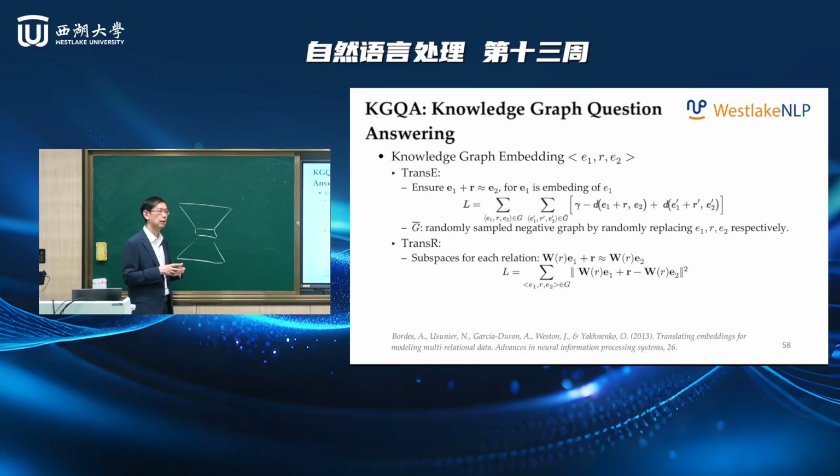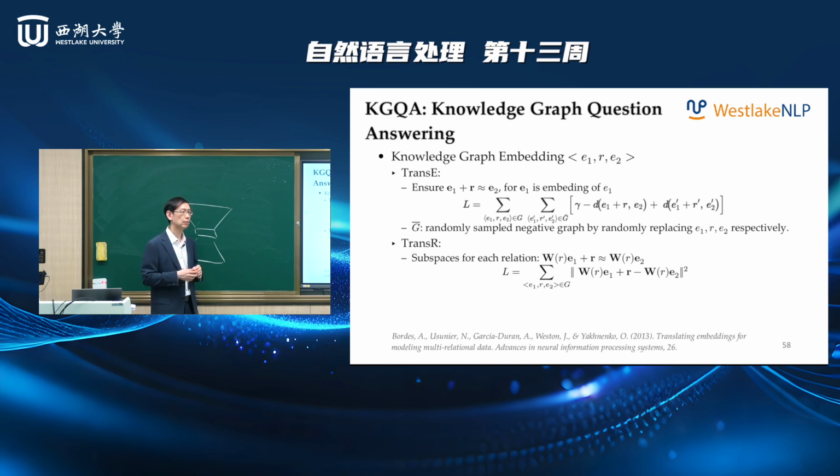People realize that each entity, under different relations, can have different embedding representations. So we can add a projection matrix called W. The matrix is sensitive to the relation R, so W_R. Now given two entities, E1 and E2, I first map the entity embeddings E1 and E2 using this matrix W_R into a relation-specific representation of the node.